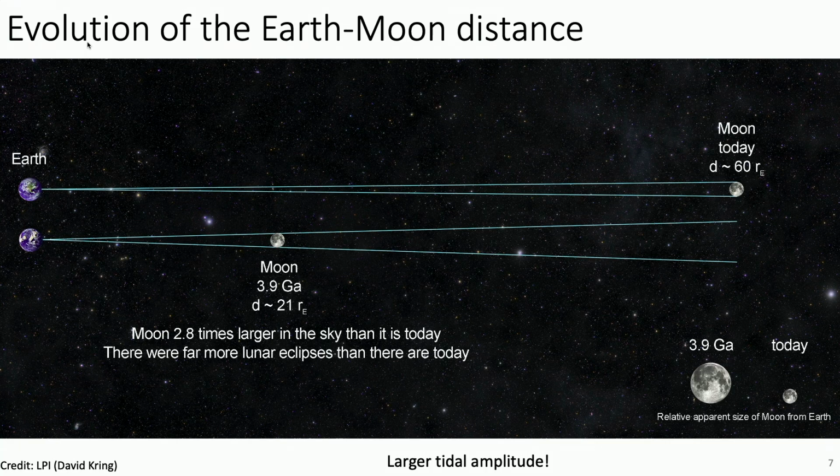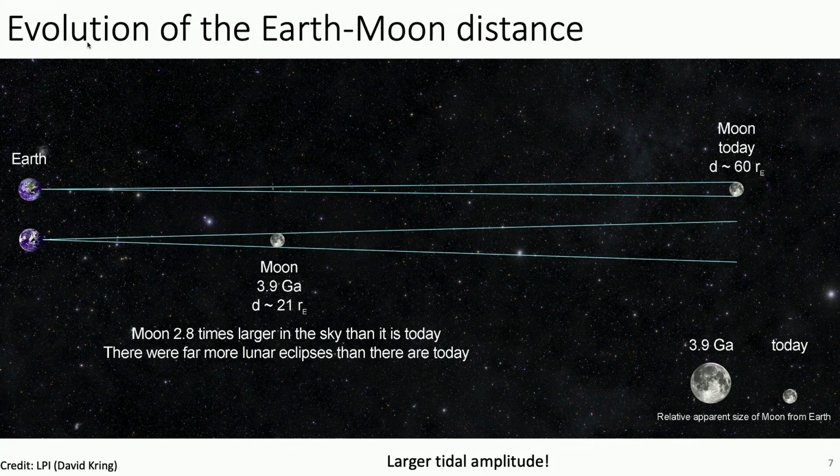And so the moon was much closer, and the moon actually looked much bigger. That's why in most of the artistic views of the early Earth, which are retranscriptions of some new scientific results taken by artists who make nice pictures, you always see a huge moon in the background, and maybe you noticed it in my first slide.